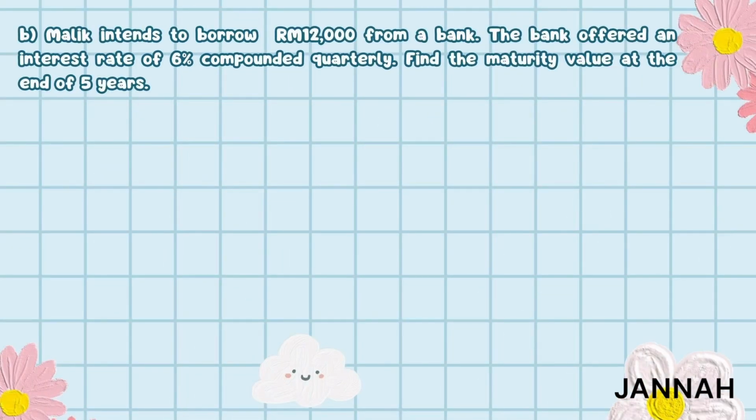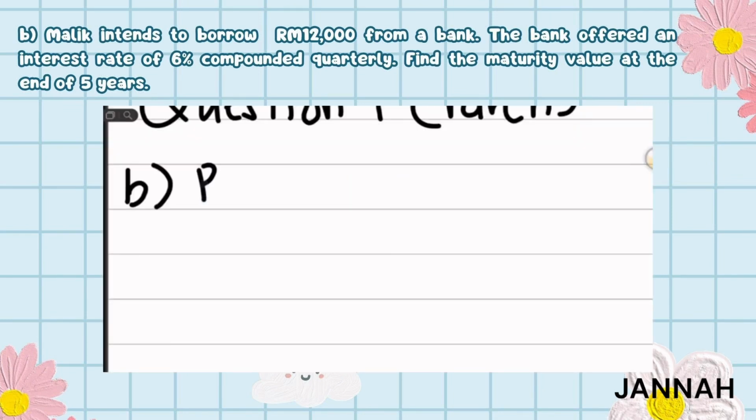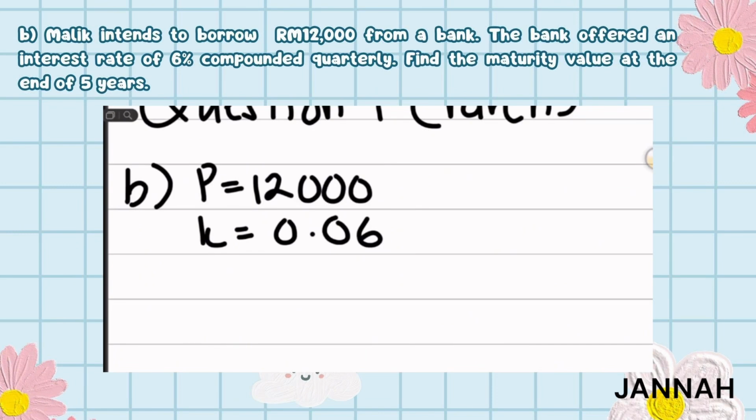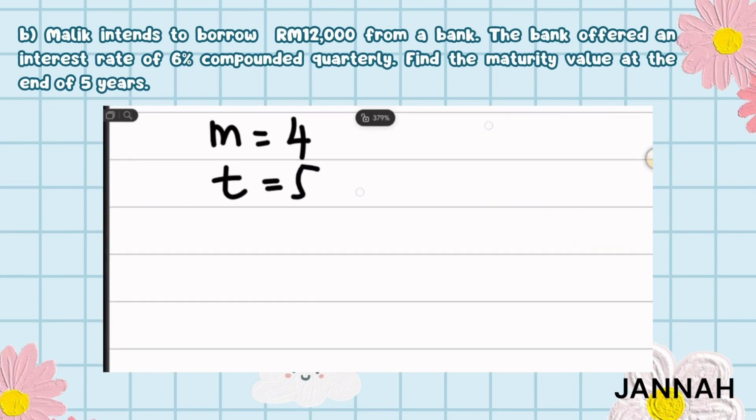For question 2, Malik intends to borrow 12,000 from a bank. The bank offered an interest rate of 6% compounded quarterly. Find the maturity value at the end of 5 years. From the question, we know P equal to 12,000 and K equal to 0.06, M equal to 4 and T equal to 5 years.